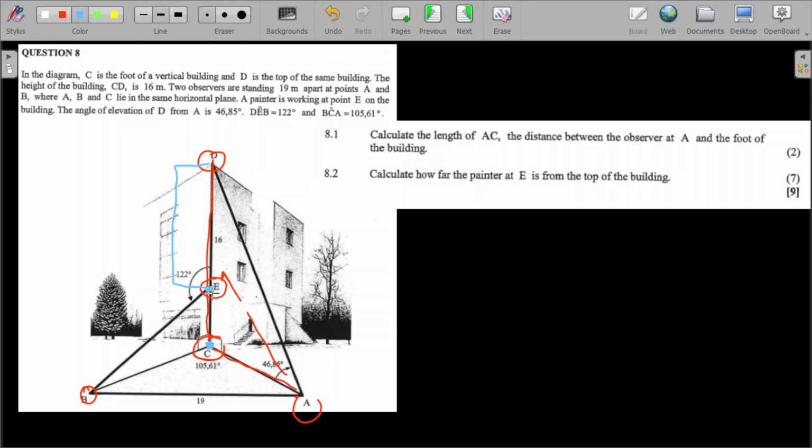Now it's very important, how do I get to finding EC? I think we must first find this one here, and after finding this one, I will have to find this one in order to find this one. That's where the question needs to drive you, because there's no way I can just go straight to this one without going via somewhere else.